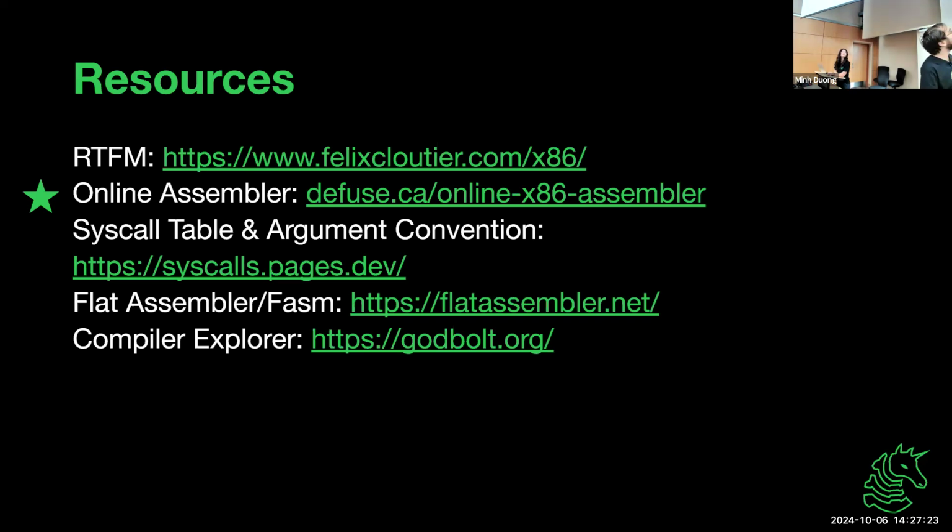If you want to do a bit more low-level work, you can get an assembler installed onto your device to assemble code into binaries. And then Compiler Explorer is very useful to see how C code turns into assembly. You're able to write some C code, and it'll show you the assembly that it makes and what blocks of assembly correspond to what lines of C.